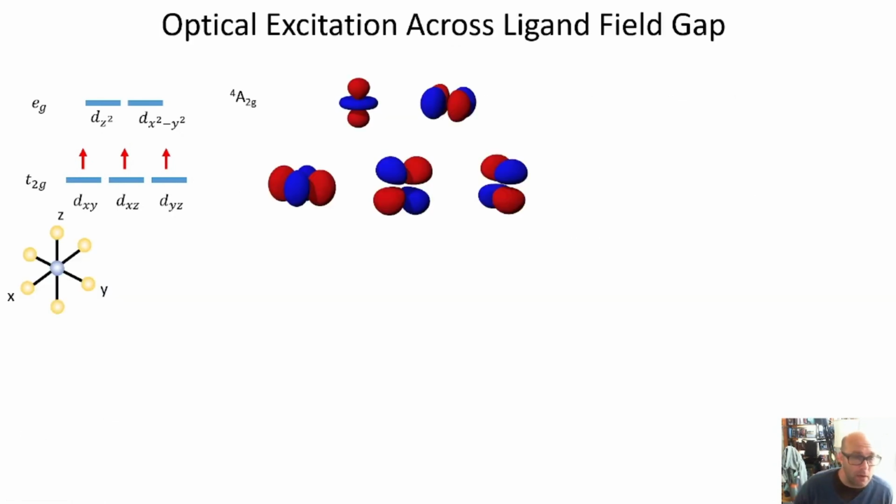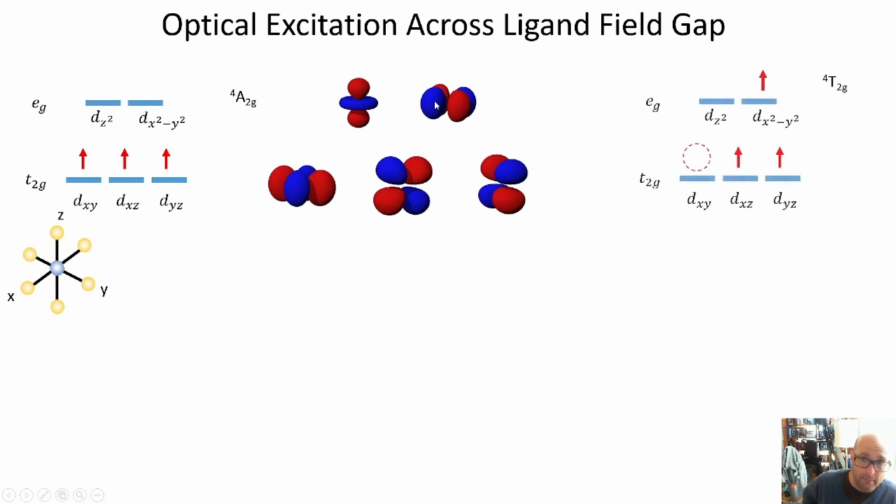So let's start with this ground state, and let's remind ourselves about the spatial orientation of the different d orbitals: xy, xz, yz, dz squared, dx squared minus y squared. And so it's fairly obvious that the simplest excitation we can make is to go from the dxy into one of the two EG orbitals.